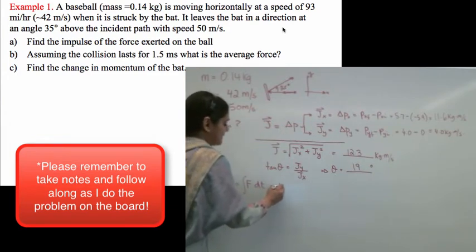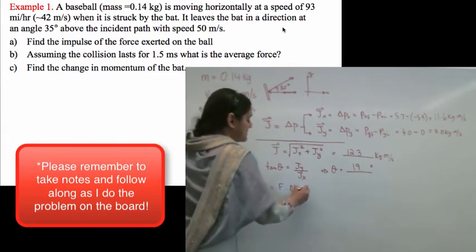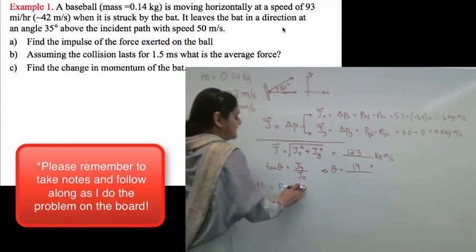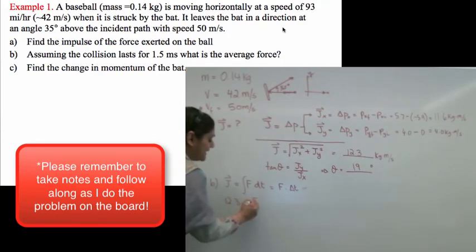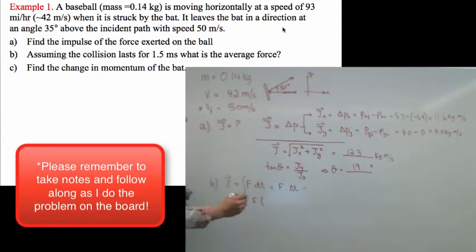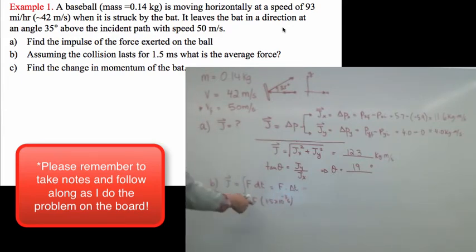Which means I can rewrite this as F delta t, which is a very, very small time. And I have a value of J, which is 12.3, equals F times delta t, and they give us delta t to be 1.5 milli, which means 10 to the minus 3 seconds. And then you can solve for F, and your answer is going to be right here.